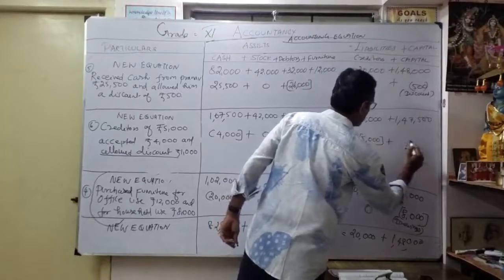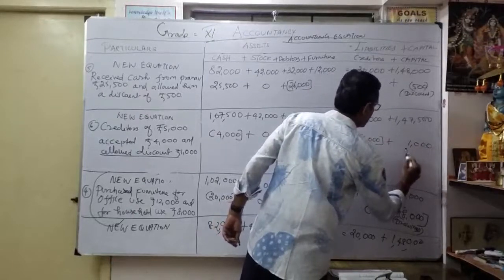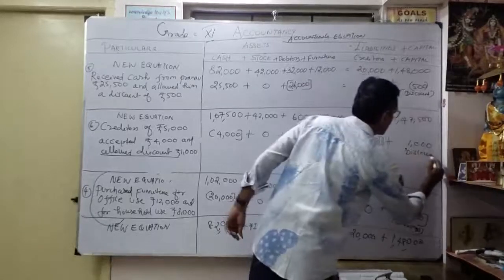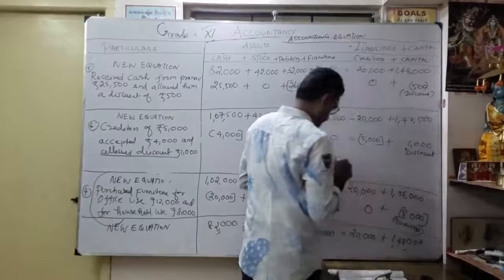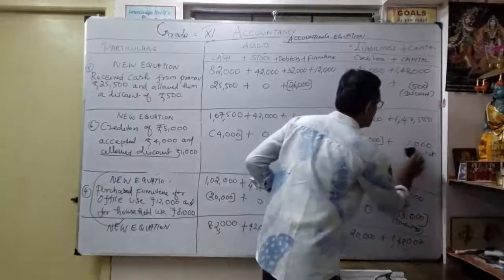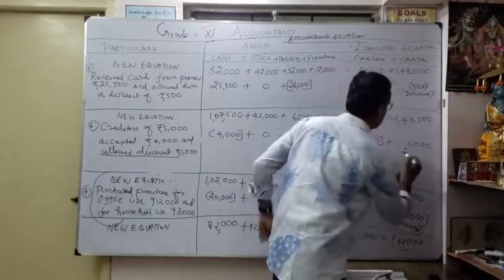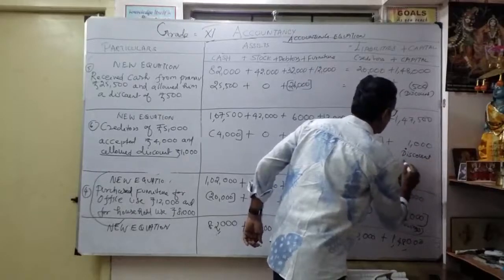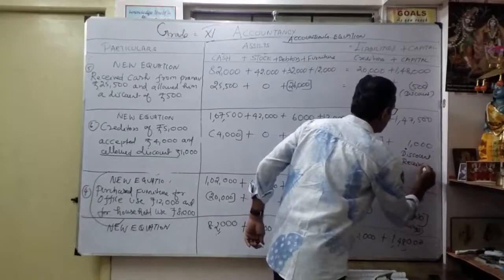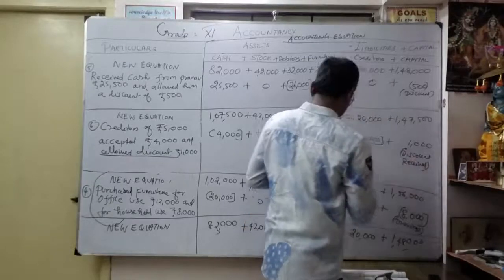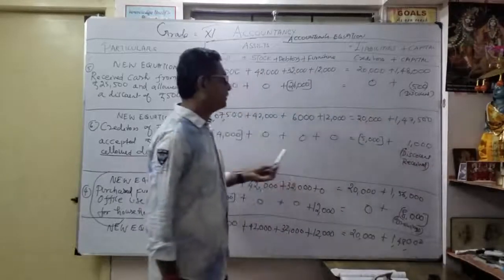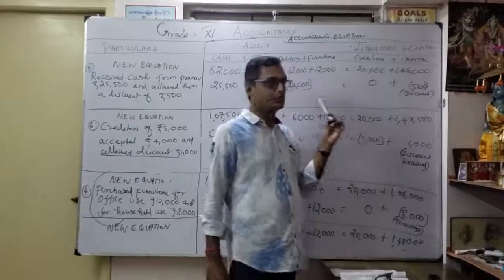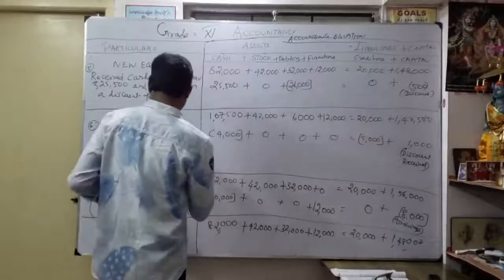Here I show that 1,000 as discount received. So we got a gain now. So instead of 5,000, I paid only 4,000. The remaining 1,000, the creditors considered as discount received. Now understood? That's the discussion for this equation.